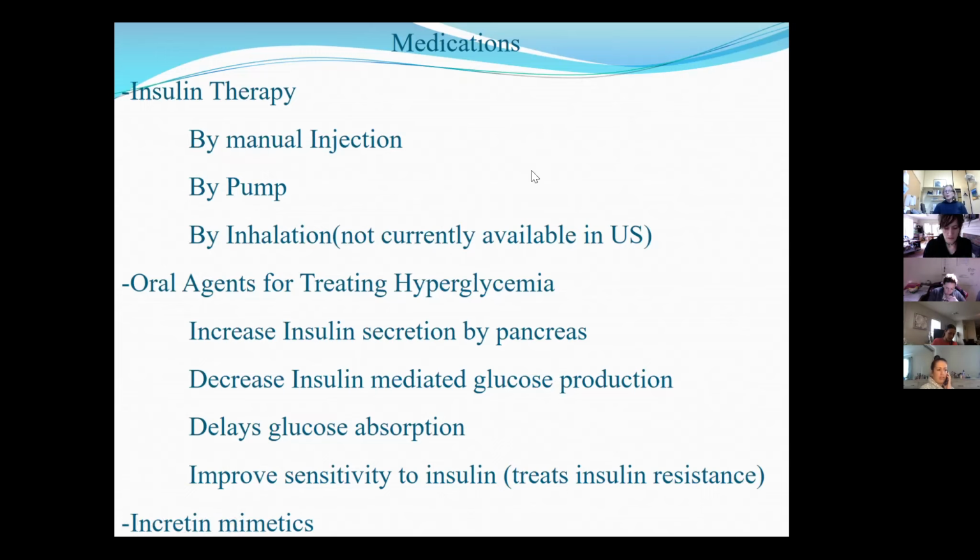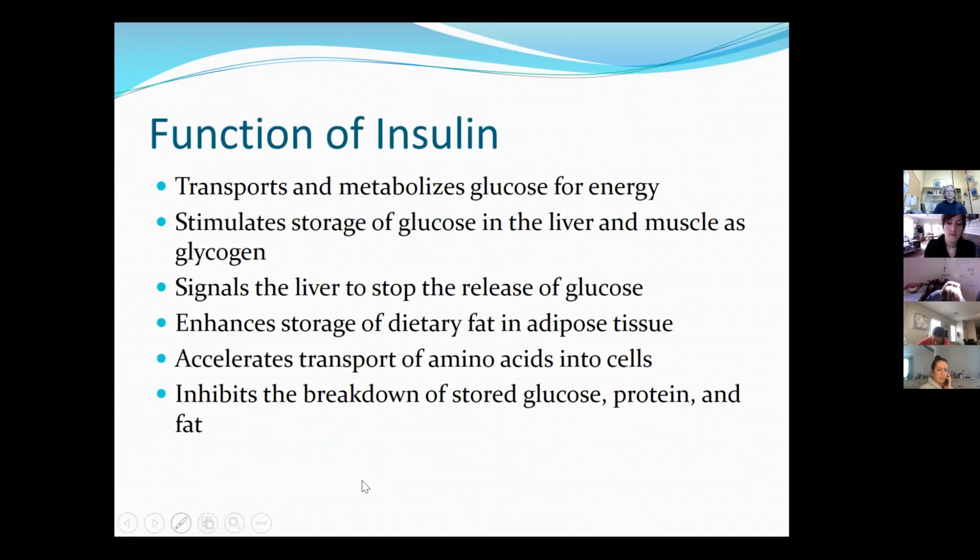And some of them do a couple of these things, which is great. They work in more than one way. And these incretin mimetics are the more recent class of synthesized hormones that essentially mimic the hormones that are naturally produced in the gut. So we'll start with insulin.